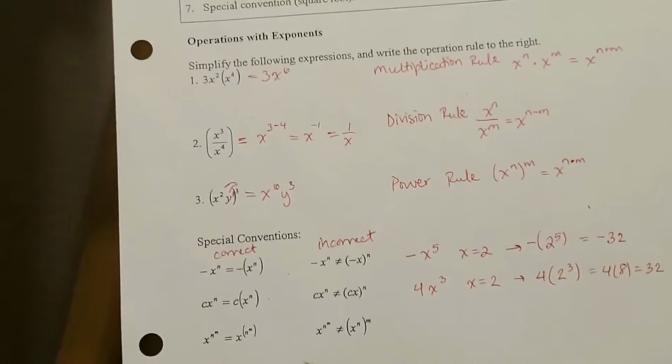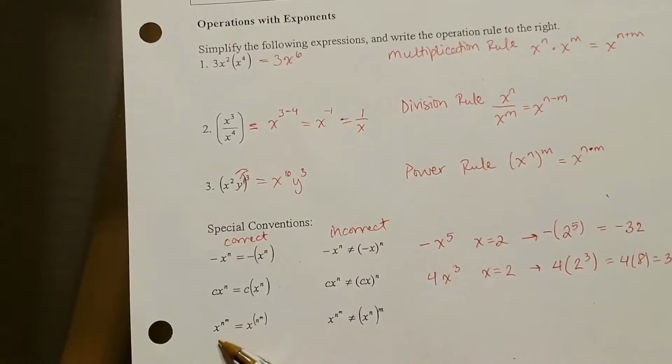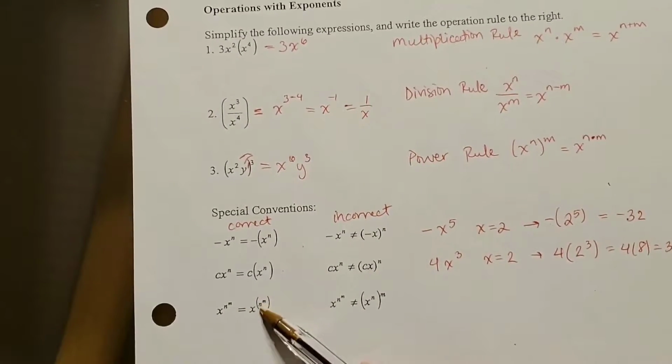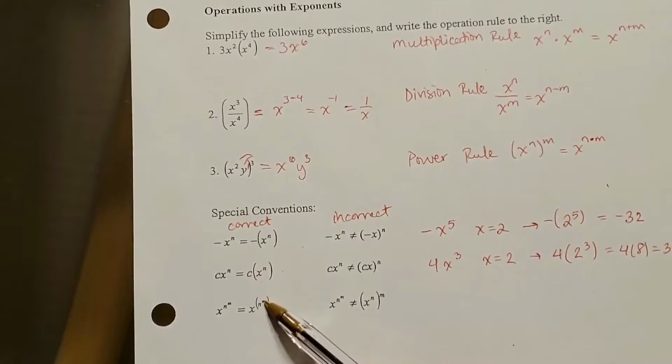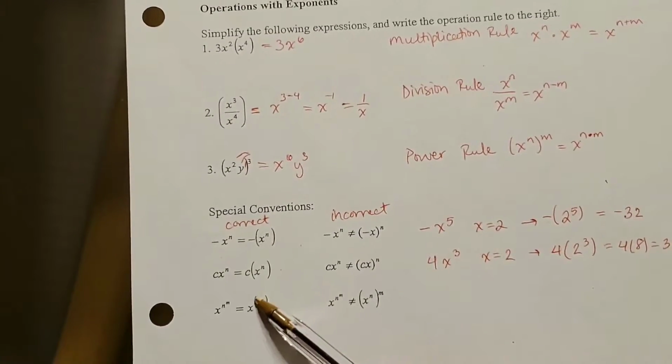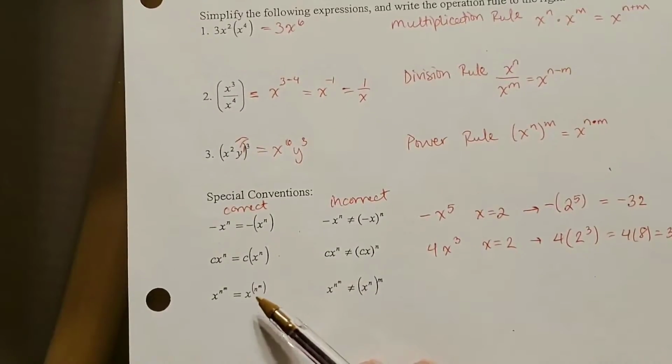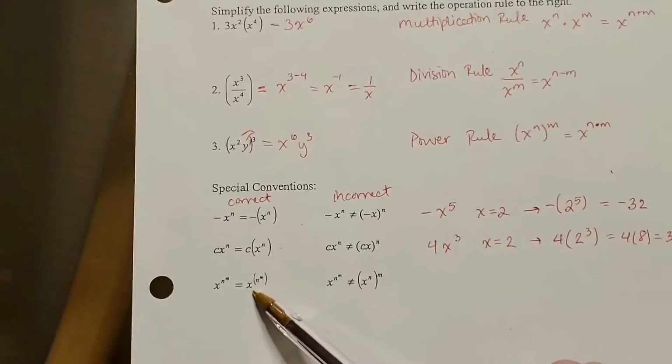Okay. And then this one you don't see very often, but just to point it out, if you have a power to a power, you're doing the power to the power first, and then that new power that you get, you would apply to the x, okay?